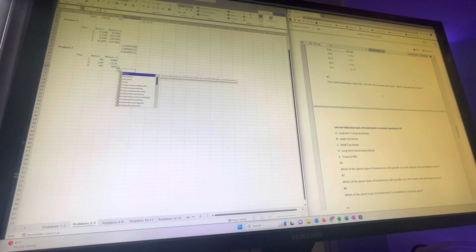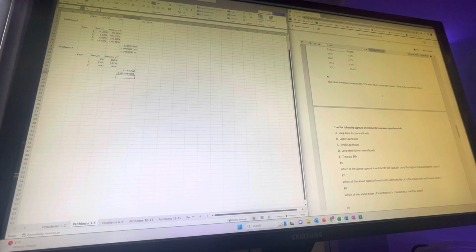So equals the product of our returns plus 1, close the parenthesis, 1.16. And then for the raise, we do equals this value, raise it to 1 over 3 periods, because there's only 3 unlike problem 4.